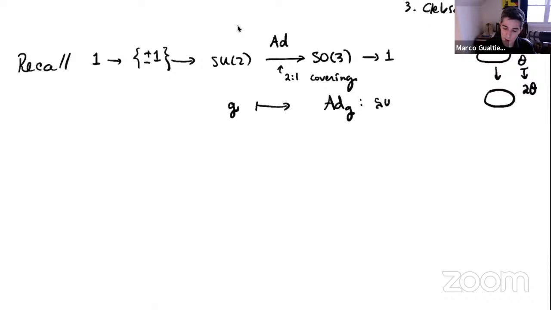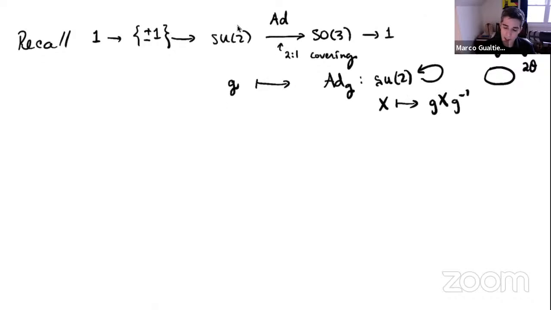It sends the Lie algebra to itself by taking an element X of the Lie algebra and sending it to G X G inverse. And remember that the Lie algebra of SU2 is basically the same thing as R3. And so that means that this operator, if you wrote it in terms of matrices, would be a 3 by 3 matrix.